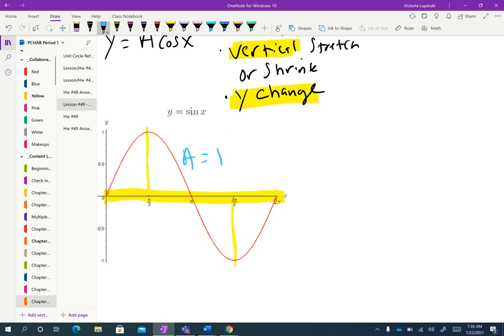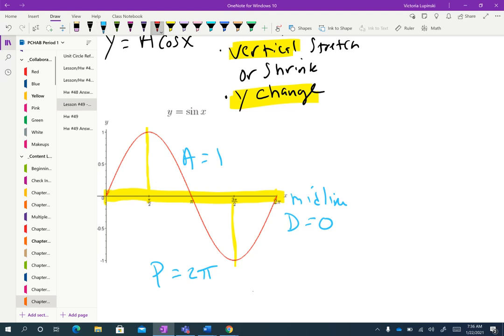So the starting amplitude of the parent function is 1, just like the starting period is 2 pi, and the starting midline, which is actually d, is at 0. All those things are subject to change. Here we're going to talk about changes in amplitude.